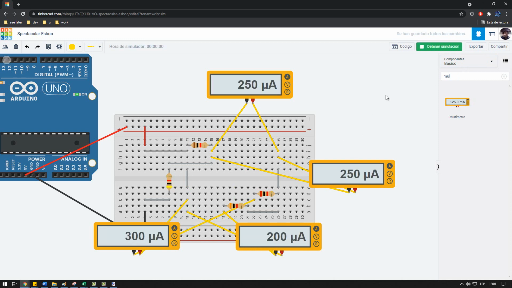Okay, positive. And now this line is incorrect. We need to modify it here and here. Okay, let's start again. Let's check again. The same.